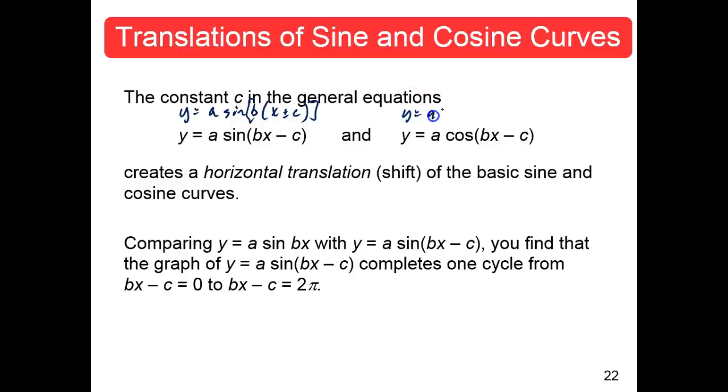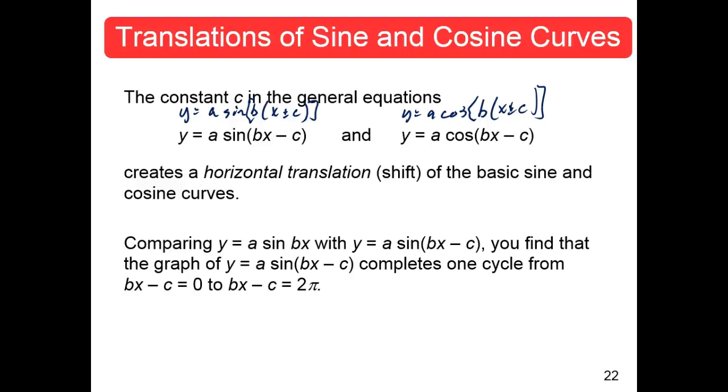Y is equal to A cosine B times X plus or minus C, okay? And that way you separate the phase shift from the period. This way they're mixed together, okay? The B is in there, but the C is in there, but the C has a B in one.